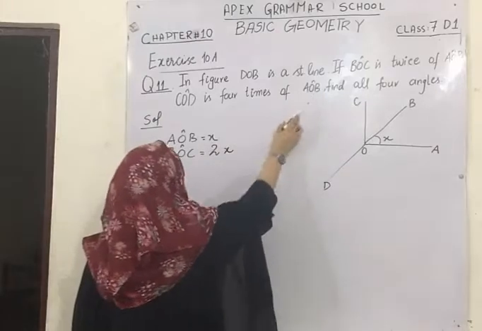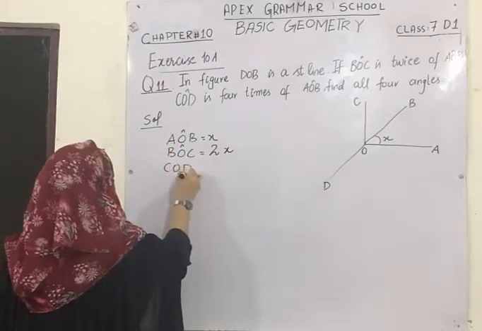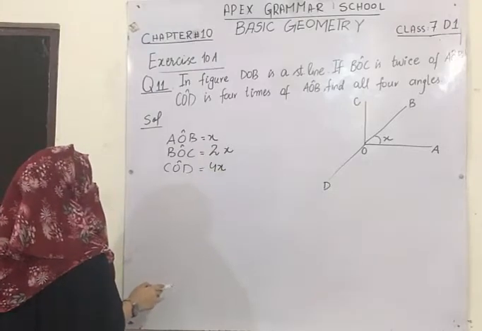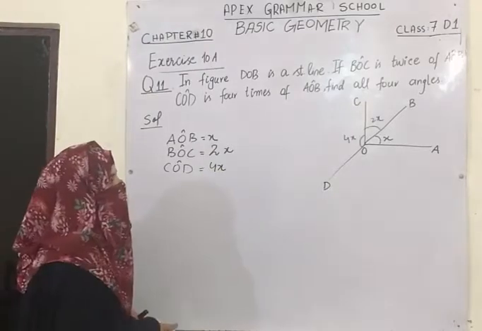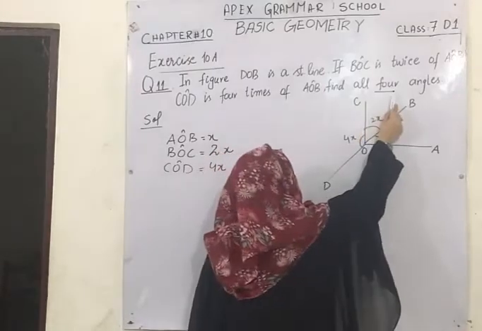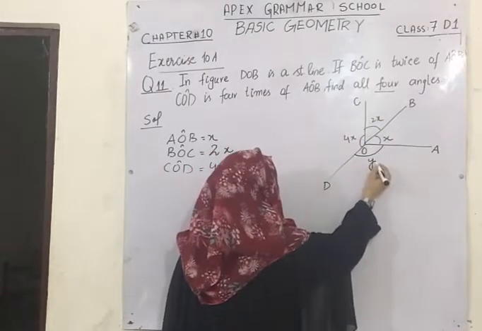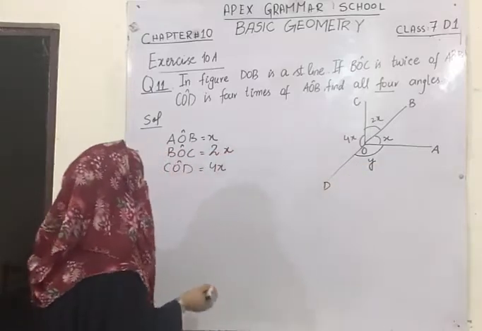COD is 4 times AOB. We have to find the 4 angles: 1, 2, 3, and now I am going to suppose my 4th angle to be Y, because for the 4th angle we are not given any condition.